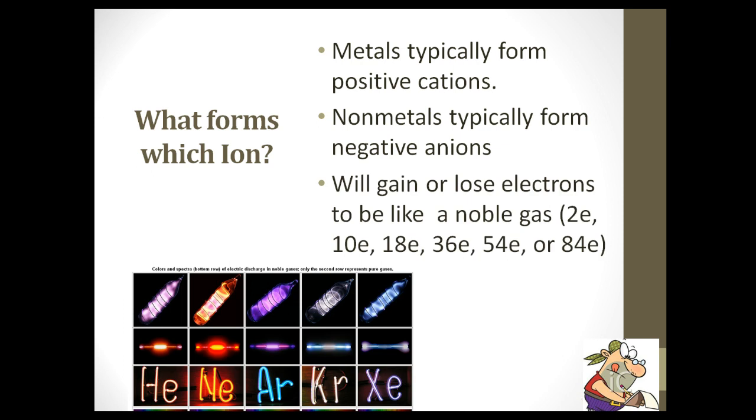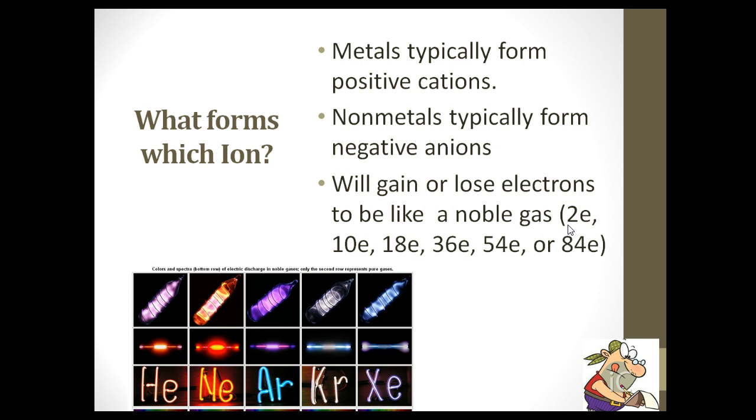The reason they're gaining or losing electrons is typically that they want to have the same electron configuration as a noble gas, the same number of electrons as a noble gas. We've talked about before that noble gases are the most stable of the elements. So atoms will either gain or lose electrons to be just like the noble gases.